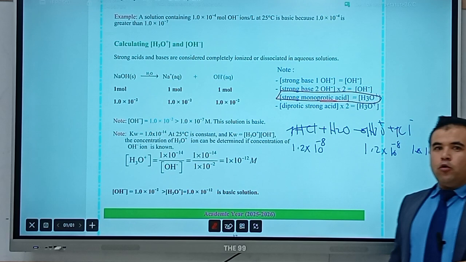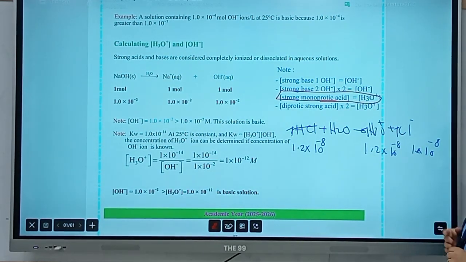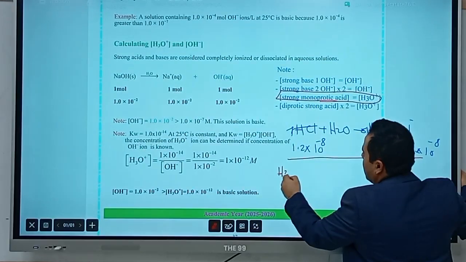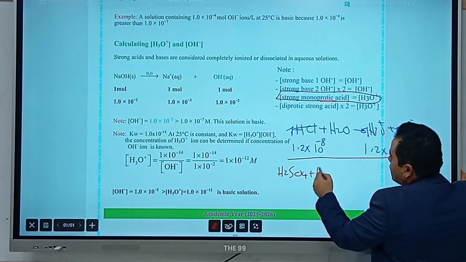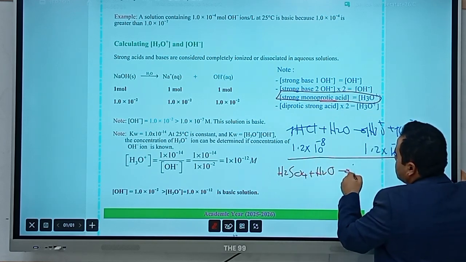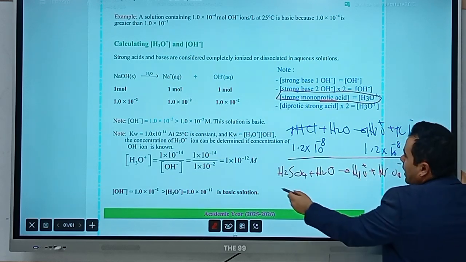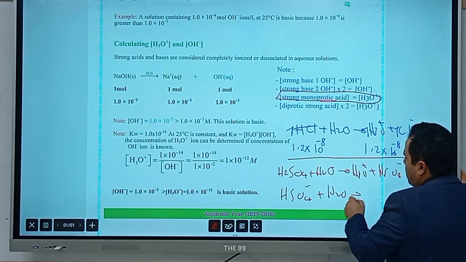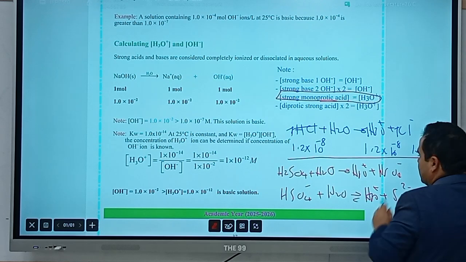If a strong monoprotic acid concentration is given, the hydronium is equal to the concentration of the acid. But if, guys, a strong diprotic acid is given, H2SO4 plus H2O will produce hydronium plus HSO4 negative, and then HSO4 negative will produce hydronium and SO4 2 negative.